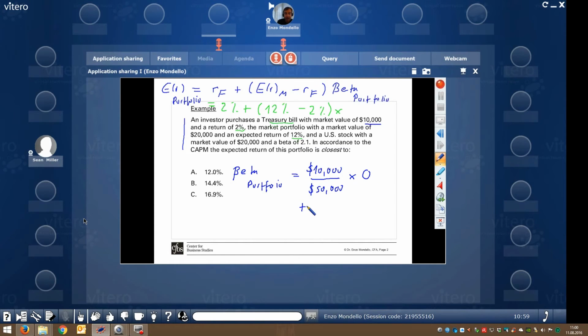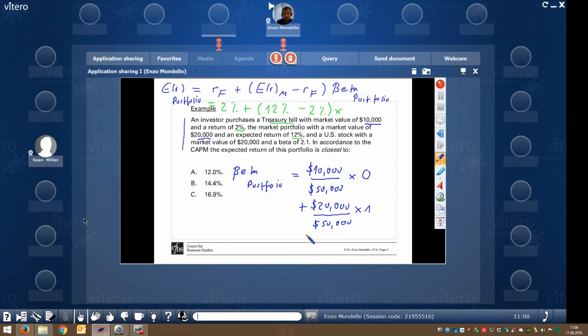Then we have to add to it the market value of the market portfolio in our portfolio. So we know the market value of the market portfolio is $20,000. So we take $20,000 divided by the market value of the portfolio of $50,000, and that is multiplied then with the beta of the market portfolio, and the beta of the market portfolio, that's 1.